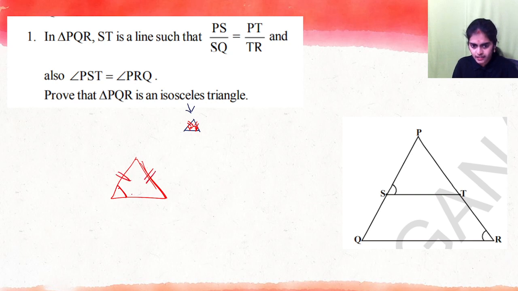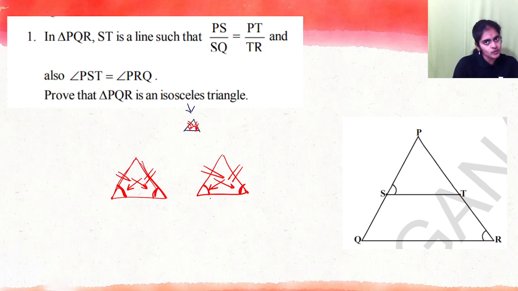These two sides, if they are equal, now opposite to this side you have this angle, and opposite to this side you have this angle. So the angles opposite to equal sides. Understand? These are equal sides. So this is the angle opposite to the equal side, and this is one more angle opposite to the other equal side. So the angles opposite to the equal sides are also equal, which means this angle and this angle are also equal. Okay, so that property we are going to use here.